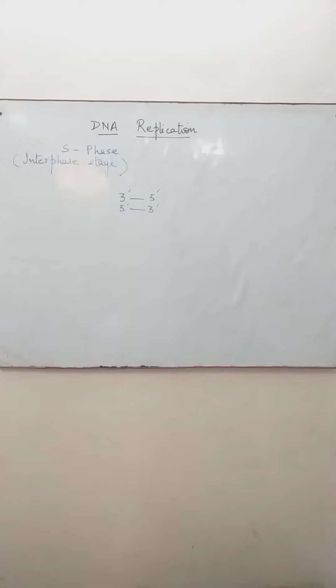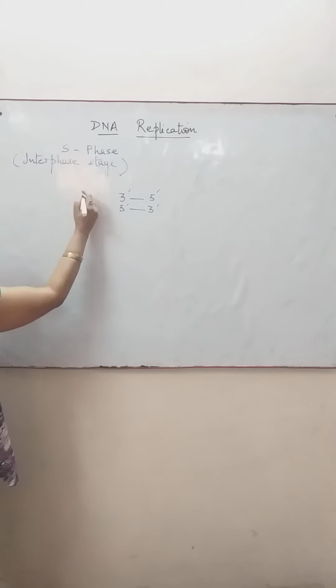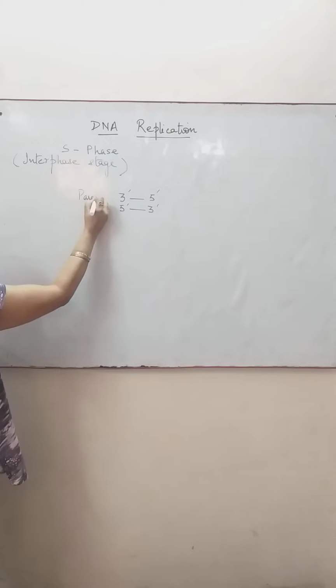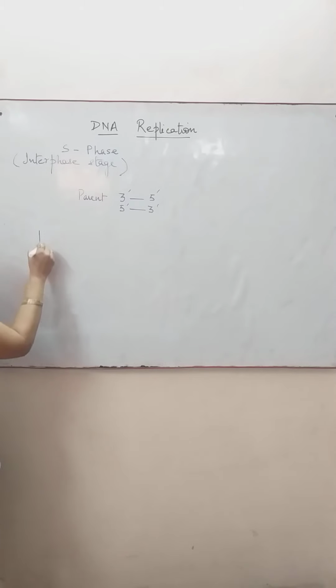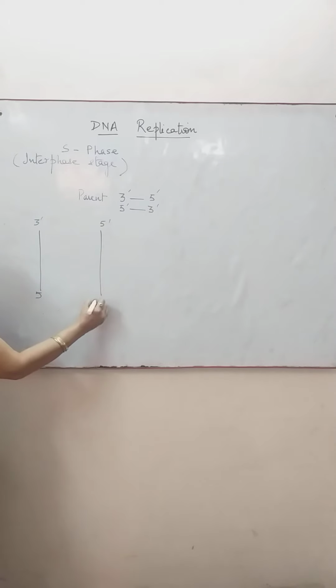That is, the bases are complementary to each other, and the two strands at the time of replication will separate out. These are the parental ones. So how will they separate? One strand is 3' to 5', and the other will be 5' to 3'.